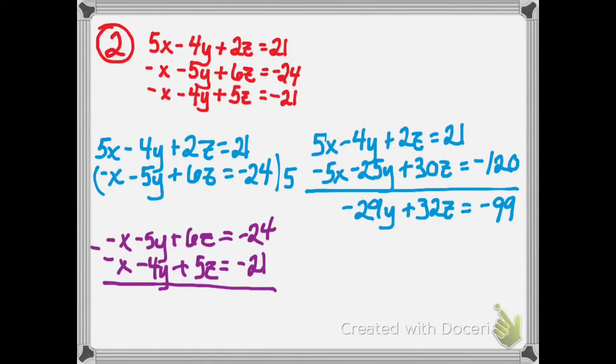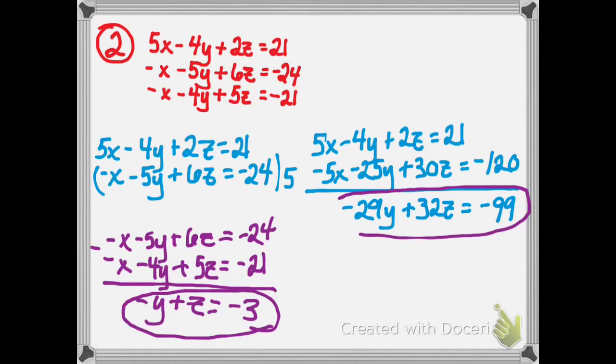So negative x minus negative x is going to cancel. Negative 5 minus negative 4 is going to be a negative y. 6 minus 5 is just z. And then negative 24 minus negative 21 is going to be negative 3. So again, you're going to take this equation and your other equation, and you're going to solve them like a normal system.